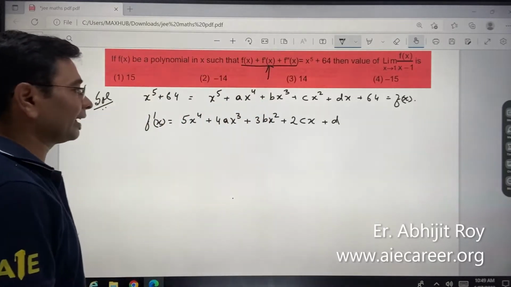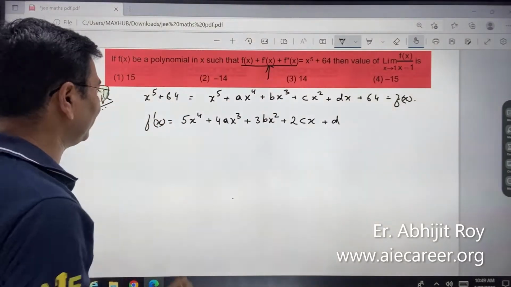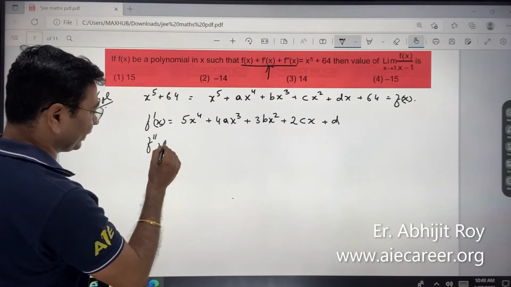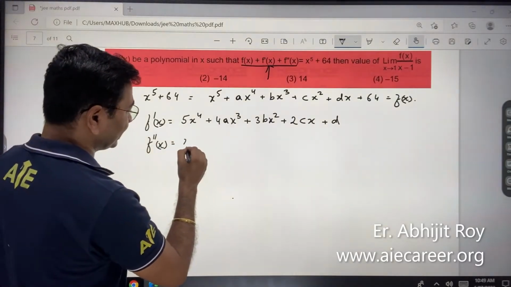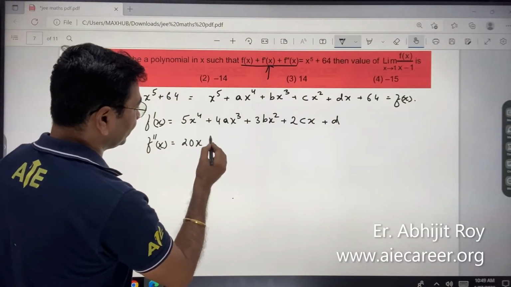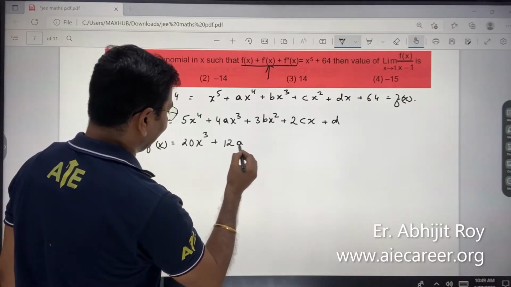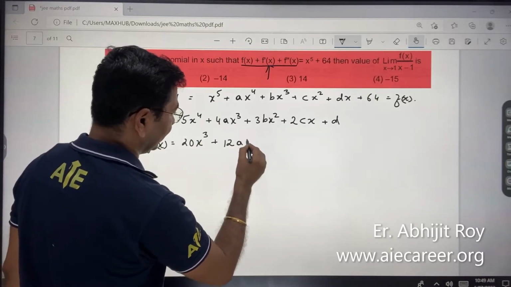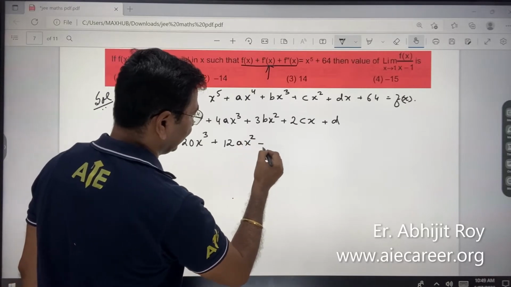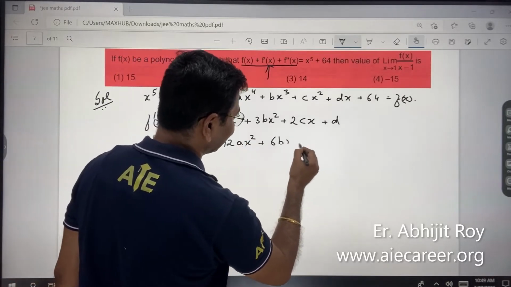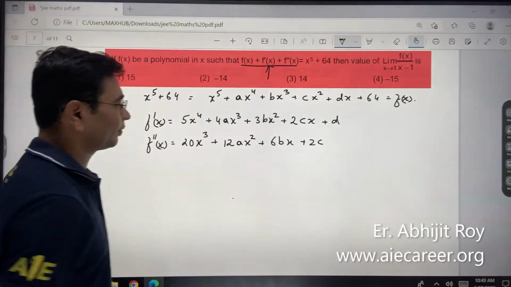Okay, so this is the first single derivative. Yeah, I need one more derivative, double dash is also there. So double dash of x करेंगे अगर हम तो इसको ये मेरे आ जाएगा 20 x to the power 3 plus 12a x square plus 6b x plus 2c, right? So I have got this.